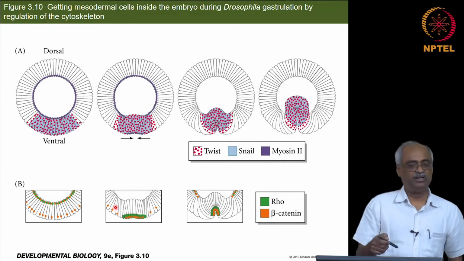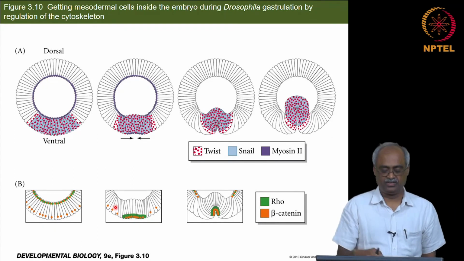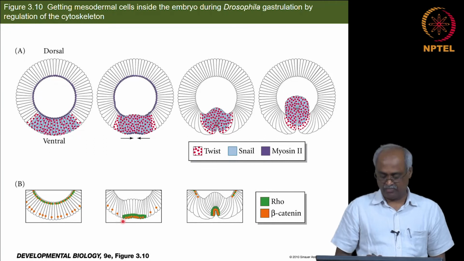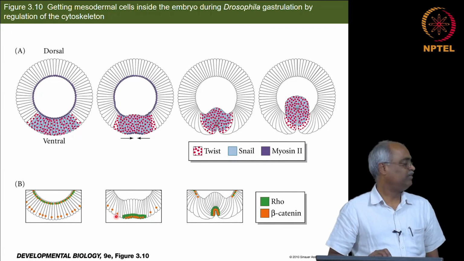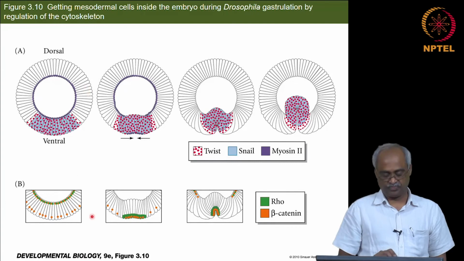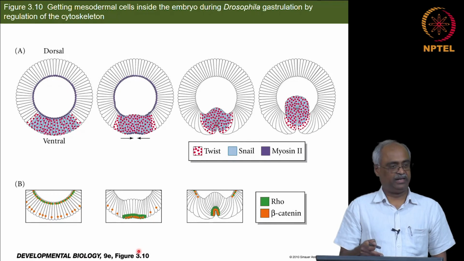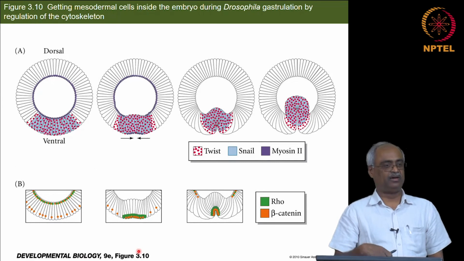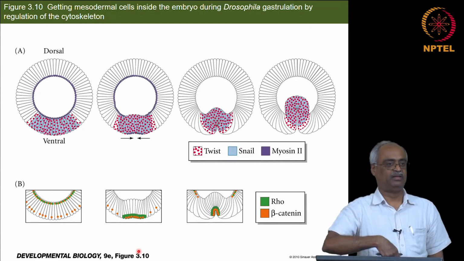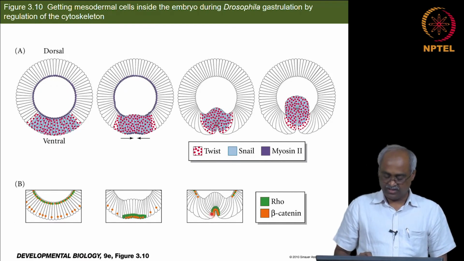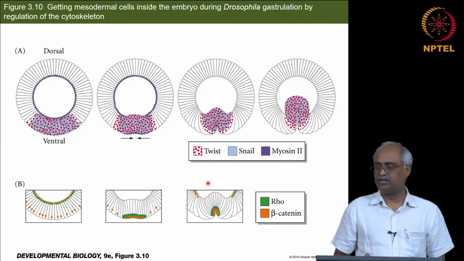So, the subsequent downstream activation of genes leads to the relocalization of the Rho and beta catenin to the apical surface on the ventral cells only, not in the rest of the embryo, and their interaction with the actin tries to pull the actin cytoskeleton closer, and that in turn affects the outside cadherin as well, and that changes their interaction such that they start to constrict on the apical side and the basal side opens up internally.